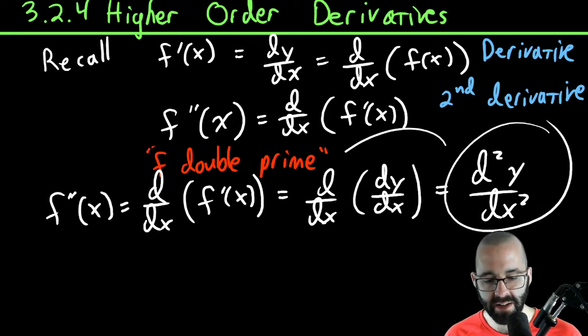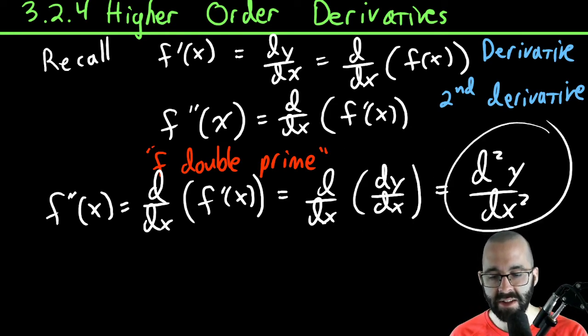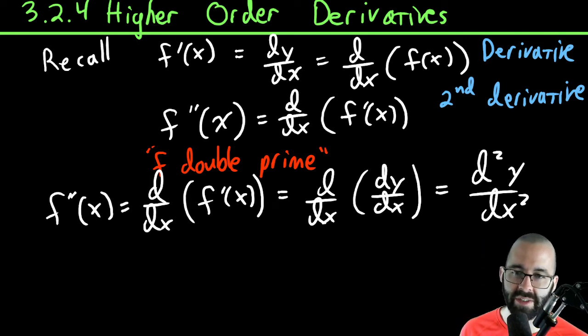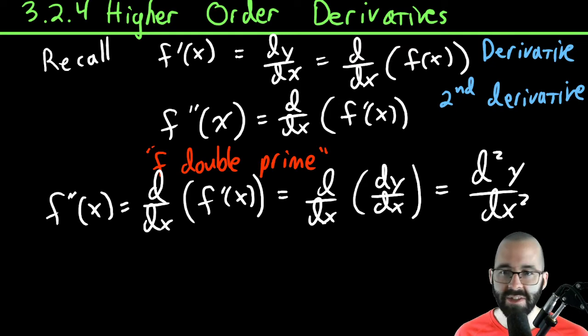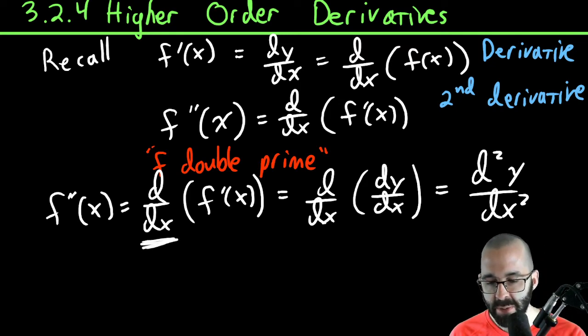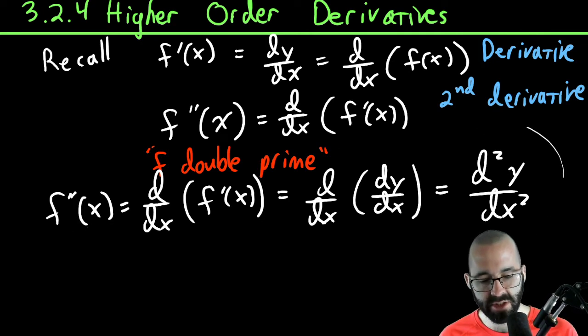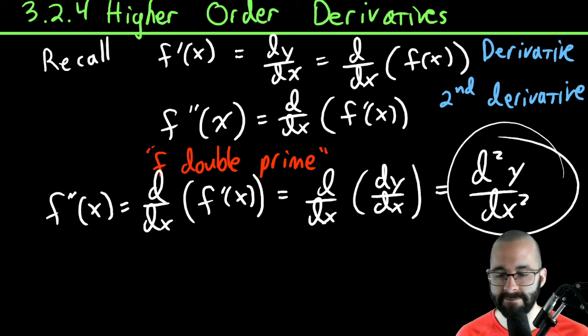This is kind of shorthand for this. So these are all the same thing, all second derivatives. Again, this is like the derivative operator. So if we take the derivative of the derivative, we get the second derivative. And this is just another way of writing that.